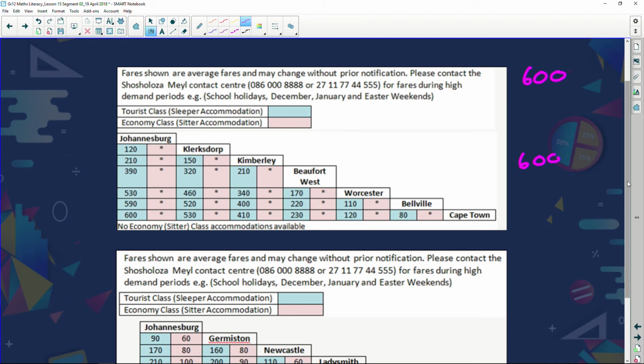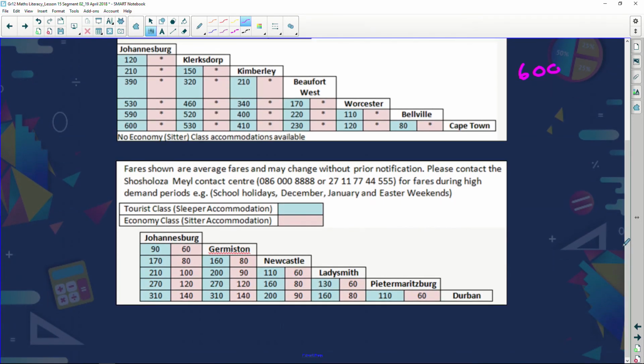Now, Durban, we've got economy class, in other words, we're going the cheaper routes. From Joburg to Durban, it's either 310 or 140. We're going economy class, 140 Rand from Joburg to Durban, and 140 Rand from Durban to Joburg.